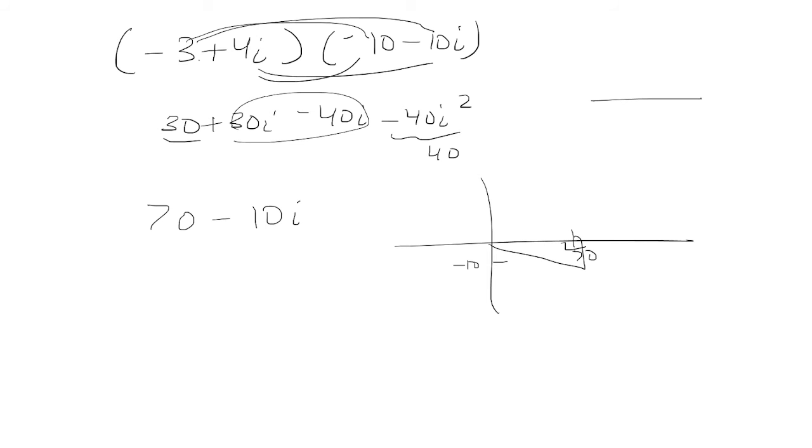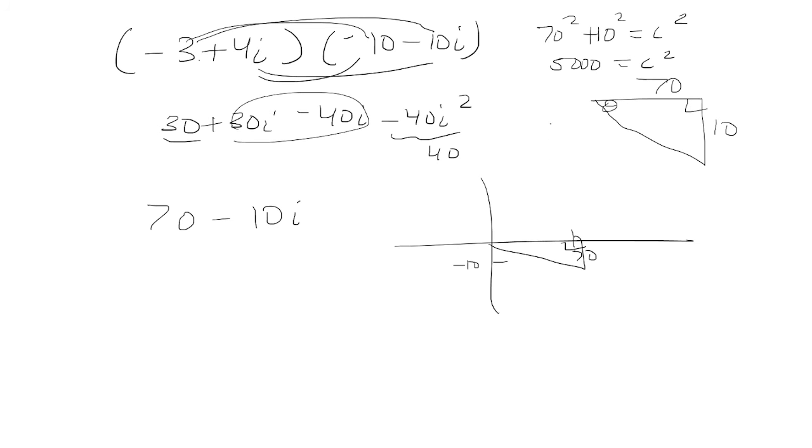So, just to make it bigger, pretend this is all in the first quadrant. It's positive. We just need to do 70 squared plus 10 squared equals c squared. That's 4,900 plus 100, so that's 5,000 equals c squared.